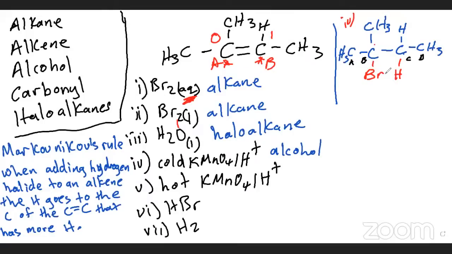All right. So as long as the carbons of the double bond have a different amount of hydrogens, put the hydrogen on the carbon that already has more hydrogen. All right, so take a picture again, and then we do number 5.